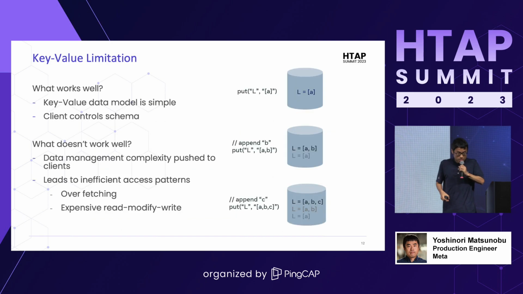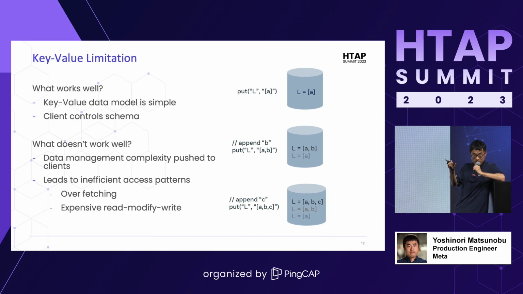Let me talk about the general key-value store, its good points and limitations. A key-value store is typically simple, so it's optimal for simple workloads, and it's pretty fast for writes.